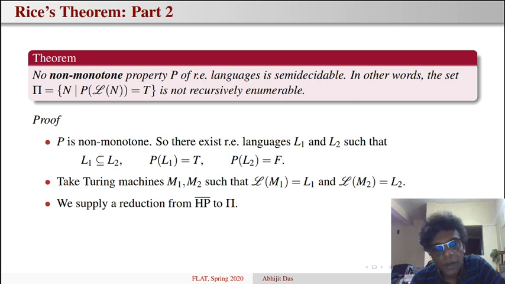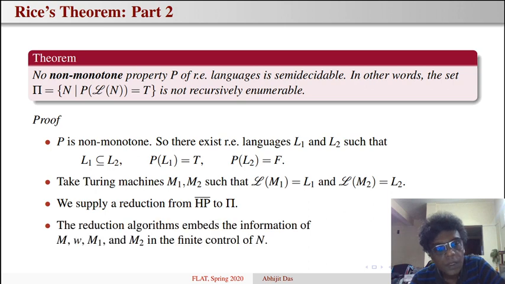So let us look at this reduction, which is slightly bit more involved than the reduction used in part 1. So yeah, the reduction engine will embed in the finite control of the target machine N the information of an input for this complement of HP, that is M and W, and these two constant machines M1 and M2.